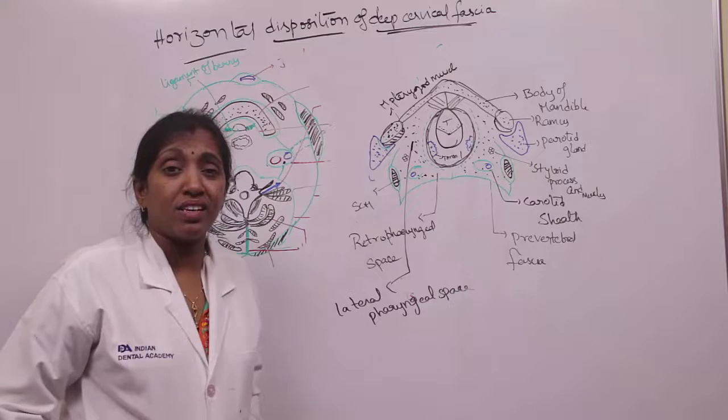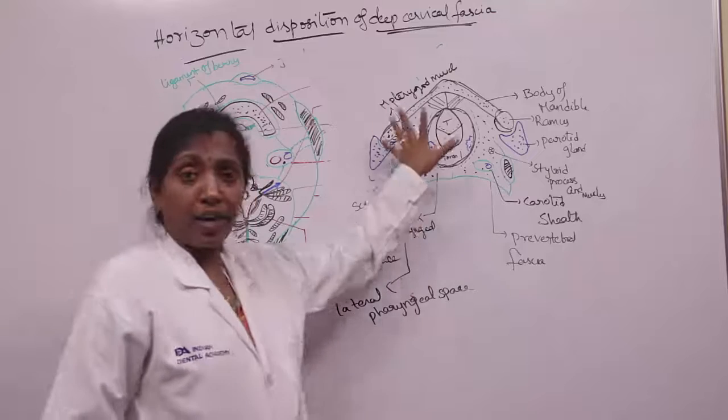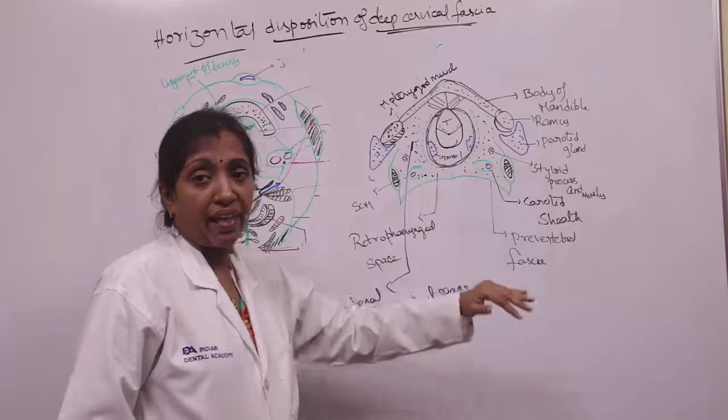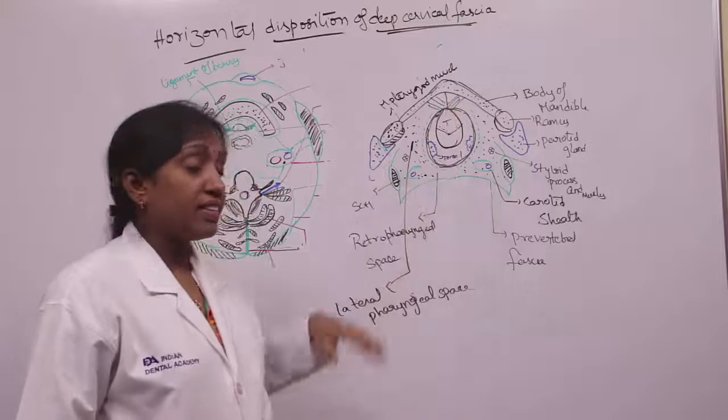And coming to the spaces in and around the pharynx, that is the retropharyngeal space and the lateral pharyngeal space. The retropharyngeal space is situated behind the pharynx, and the lateral pharyngeal space is situated on the lateral side of the pharynx.